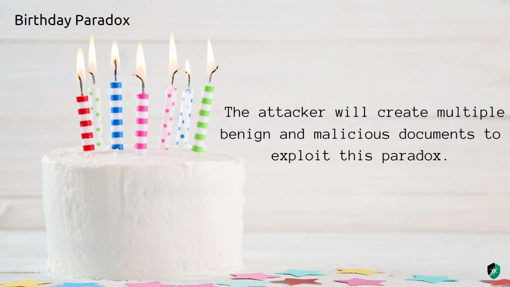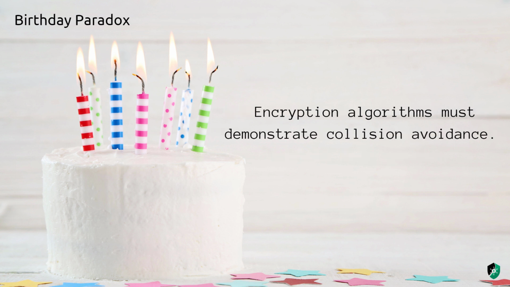So what will happen here is that the attacker will simply create multiple benign and malicious documents to exploit this paradox. He will produce as many documents as needed in order to get two documents that have the exact same hash value.